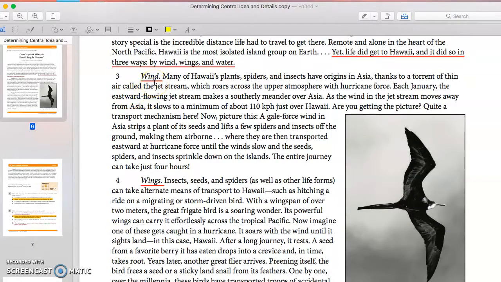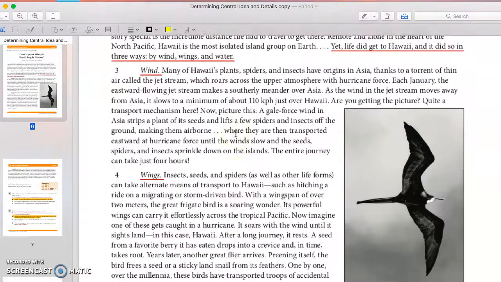So that's going to be important, talking about the jet stream. And then as it moves away from Asia, it can slow to 110 kilometers per hour. So I think the most important part, what we're finding out, is how did these plants and spiders and insects get to Hawaii? It was through the jet stream wind that can go 110 miles per hour.